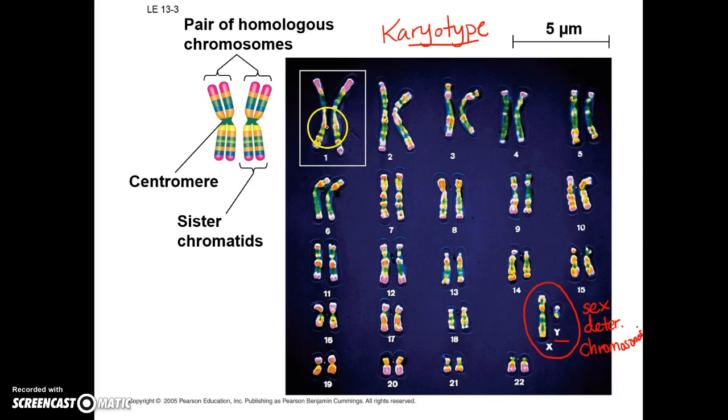Like my dad looks different than my mom, but these are the same genes. So that might code for eye color. And this over here also codes for eye color. So these are what we call homologous. They're the same length and contain the same types of genes. They're not identical, but they're going to code for the same parts of our body.